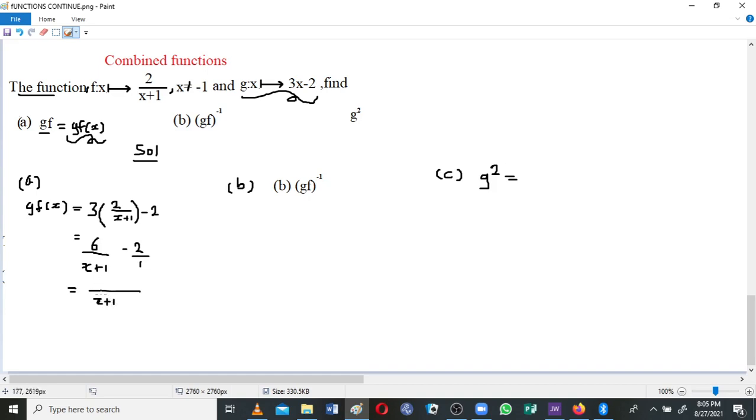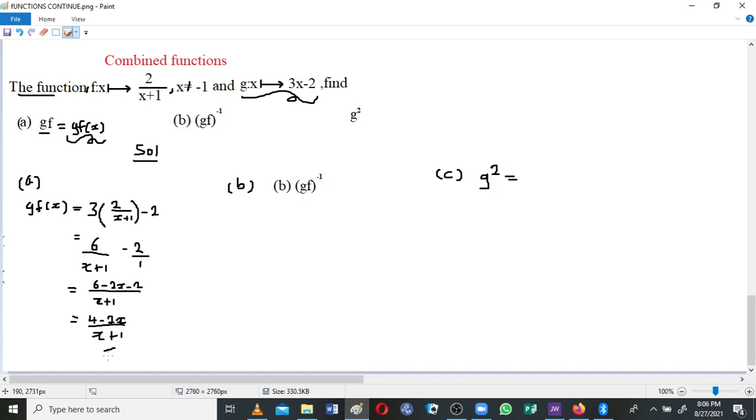So we have 6 minus 2x and then minus 2, so this gives us 4 minus 2x over x plus 1.